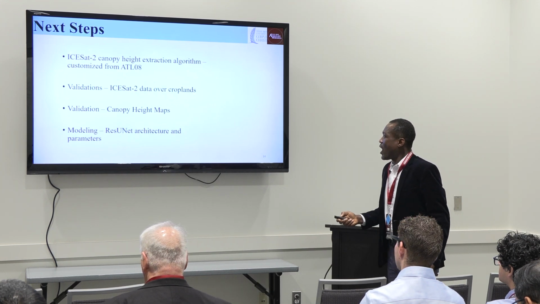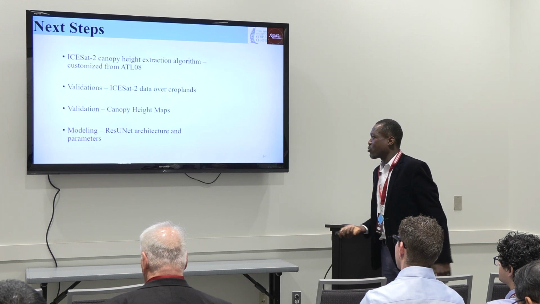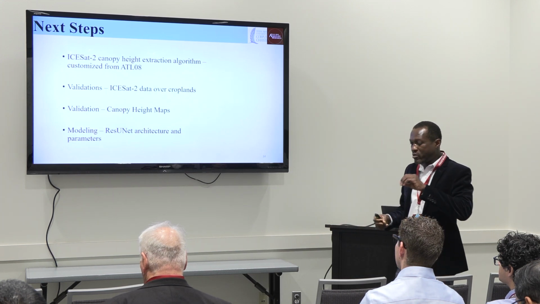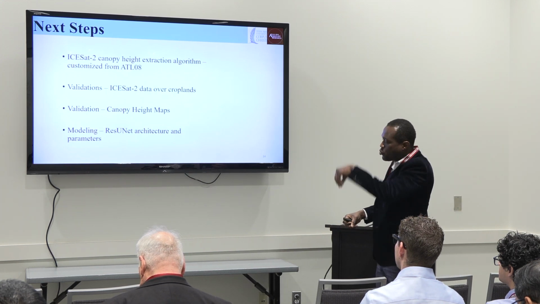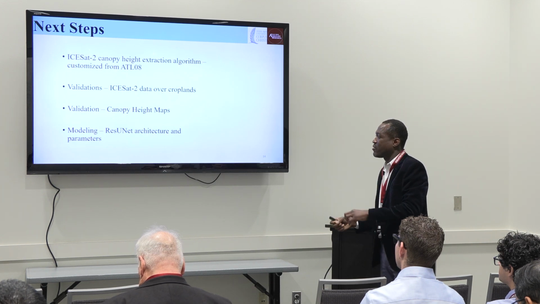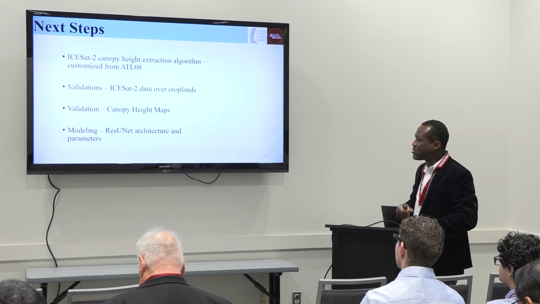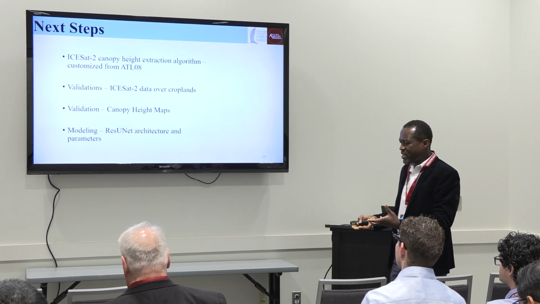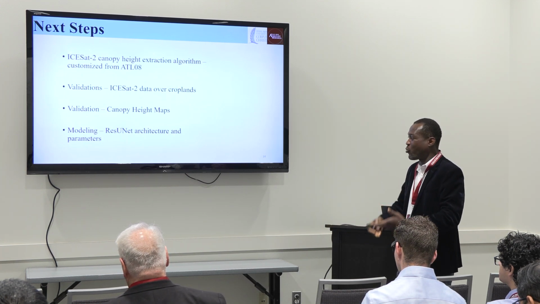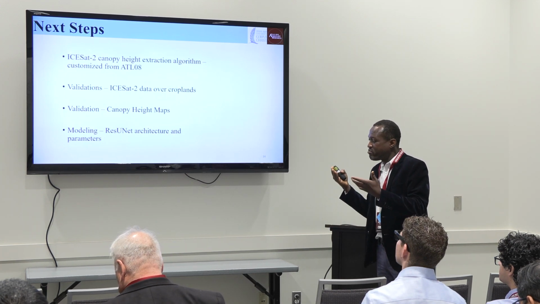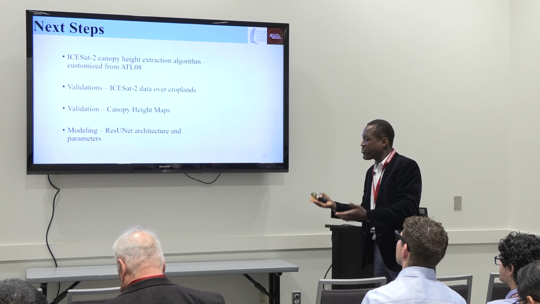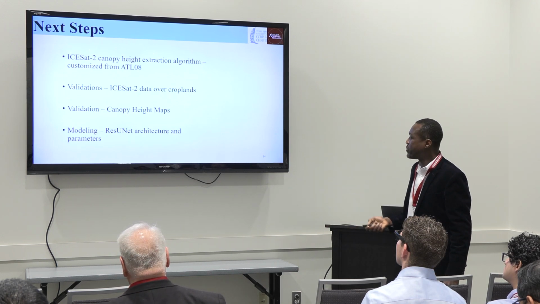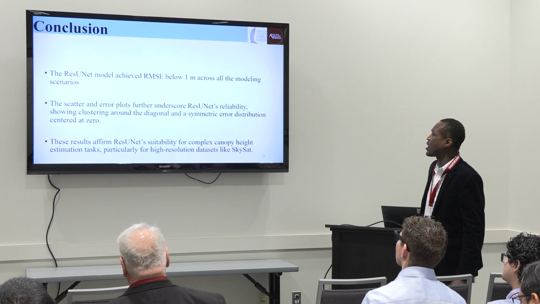And I have to validate the crop height map, and I also intend to look into the architecture of the RescueNet itself to modify it in order to improve the accuracies. My intention is, if possible, to get accuracies or metrics below 0.2 of a meter so that I can use it for phenotyping.